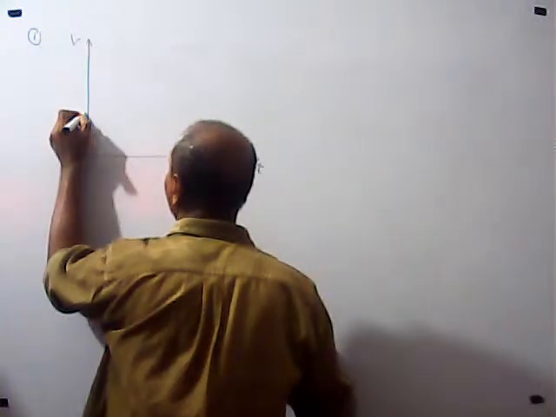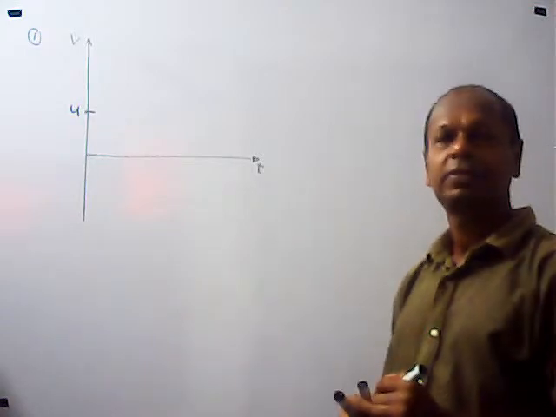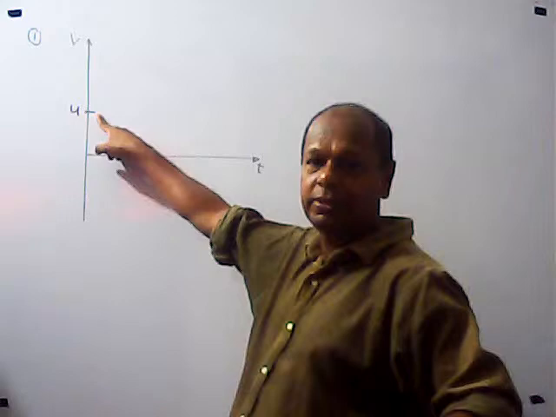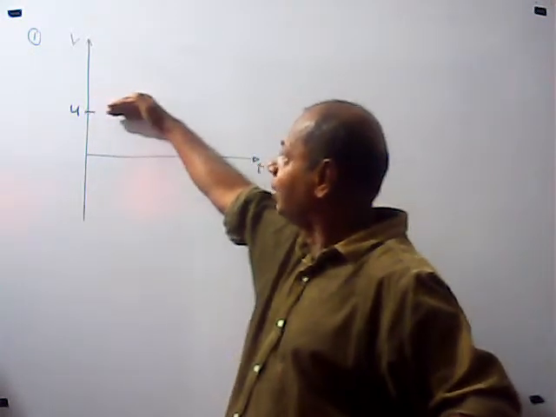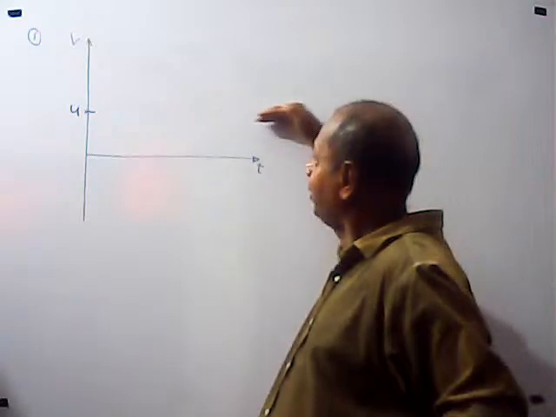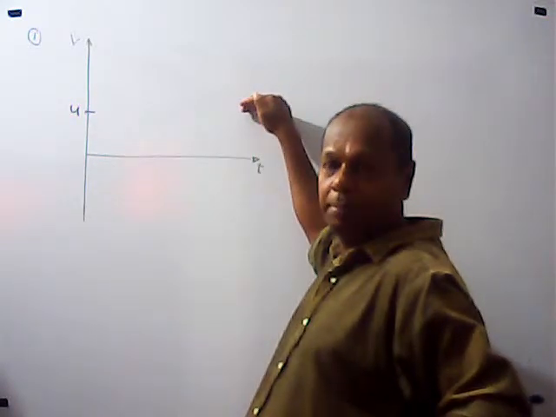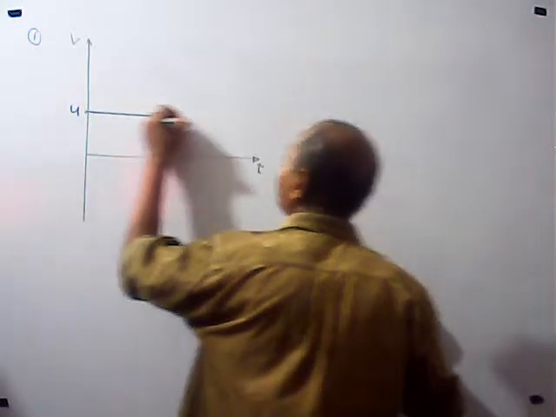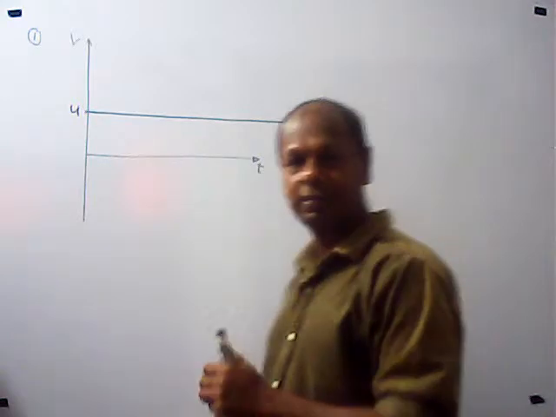Velocity is u, and you are given that it's uniform. It doesn't change throughout the time. So the velocity will remain constant. The graph will be a straight line parallel to the time axis. This is the graph for the cyclist.